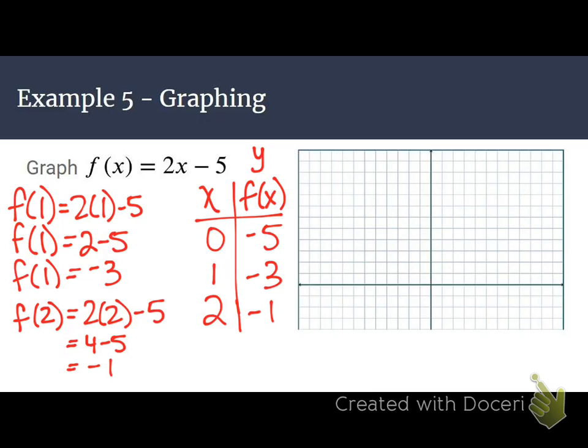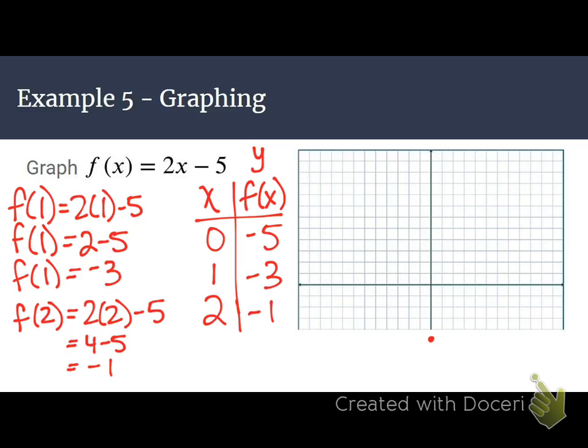Not up 5. Down 5. So for 0, we don't move left or right. We go down 5. My graph only goes to 4, so that's why I said you might have to move your axes to the middle of it and ignore the bold axes they give you. So draw in your own axes instead of using the one that's in that corner.